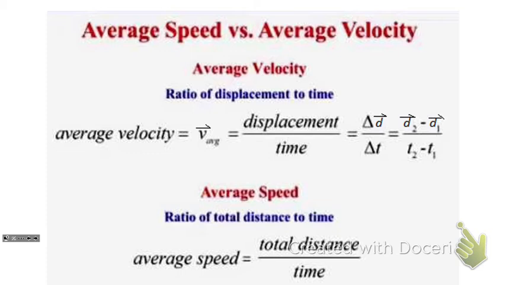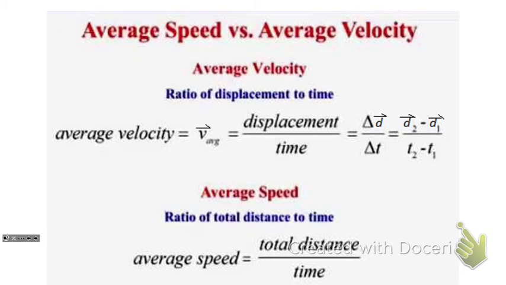And yeah, these are just measurements. So to find the velocity, you just find how far an object has been displaced over a particular time period. And same for speed, but it would be distance instead. Okay? And you will be given these formulas on a quiz or something like that, so don't worry too much about memorizing them.